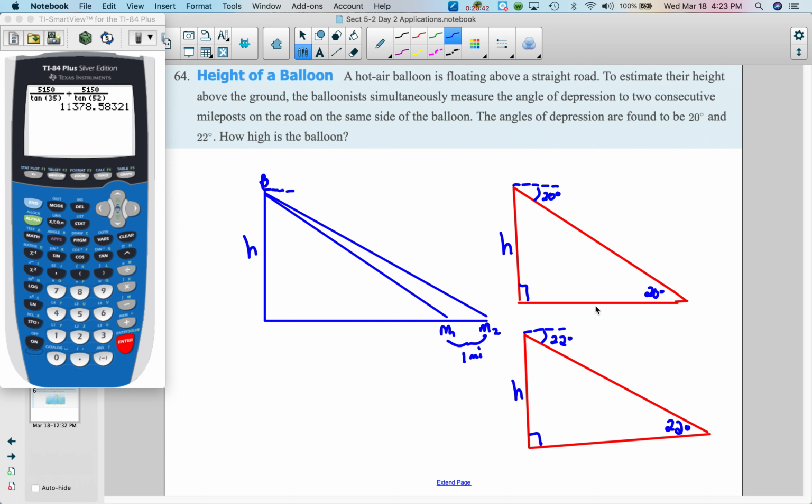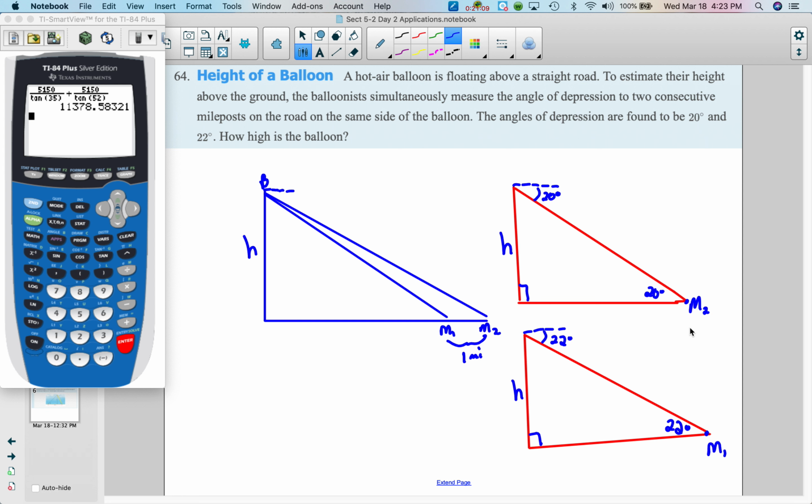So if I were to say, and let's see, the one that has the angle of depression of 20 degrees, that's going to be farther out, so this is going to be mile marker 2 on this corner, and this would be mile marker 1. I have to pause that and make sure I'm right. Okay, I'm right.